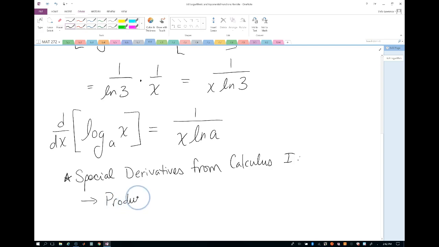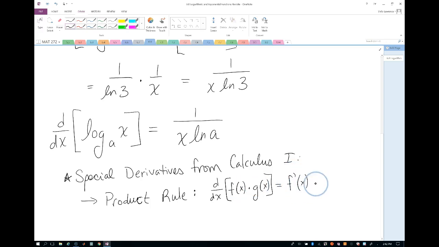The product rule says if we want to take the derivative of 2 functions of x that are being multiplied, so the derivative of f of x times g of x, we can't just take the derivative of each function individually and keep it as a product. What we do is we take the derivatives one at a time. So I'm going to do f prime, and it gets matched up with original g, and then we flip-flop. We do original f times g prime.